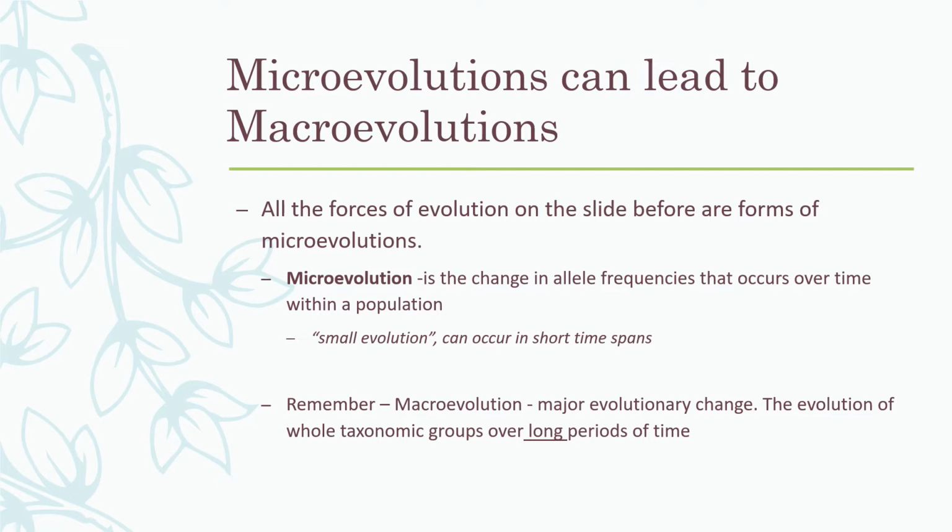So that's small evolution, and it occurs in short time spans, relatively short, within a few generations versus many generations. Then remember macroevolution, with the prefix macro meaning large or big, is major evolutionary changes and the evolution of whole taxonomic groups over long periods of time. So the creation of new species, the extinction of other species, etc.